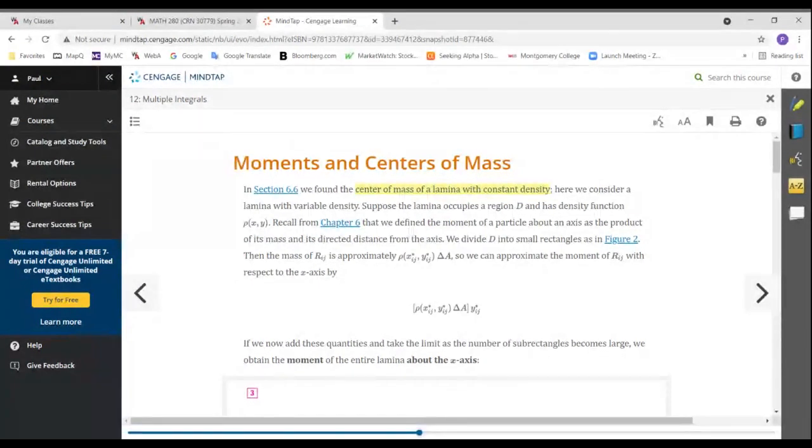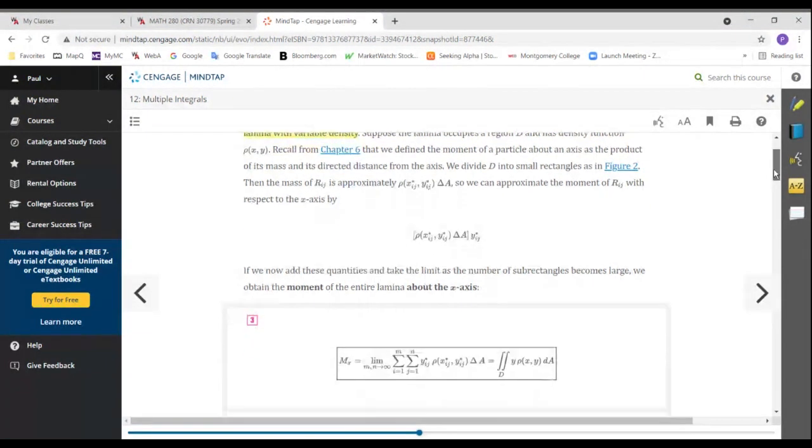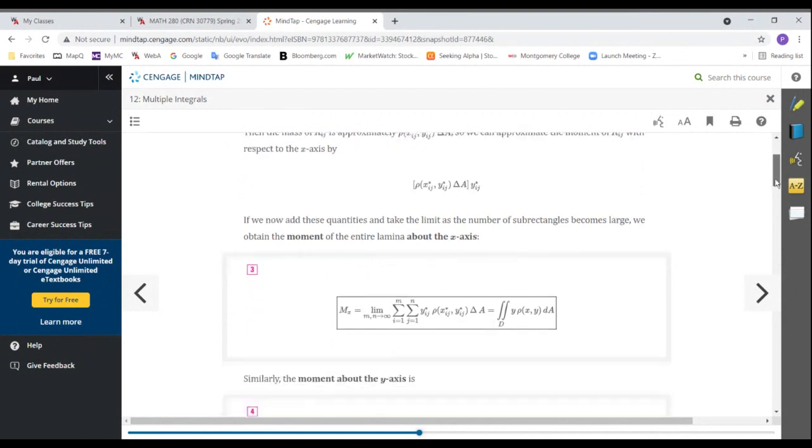Here we can consider a lamina with variable density.